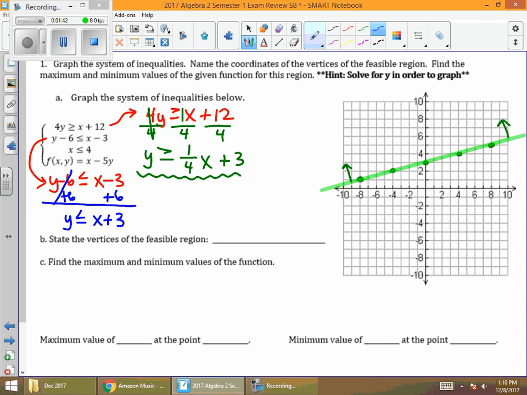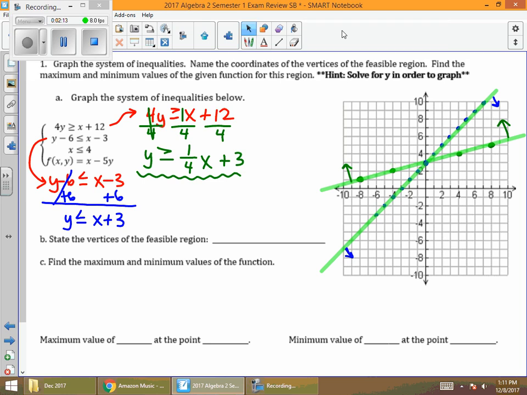So we're going to start at 3 again. And then our slope is 1, so up 1 over 1. And back the other way. Connect those. This one is less than or equal to, so we would shade below this line.